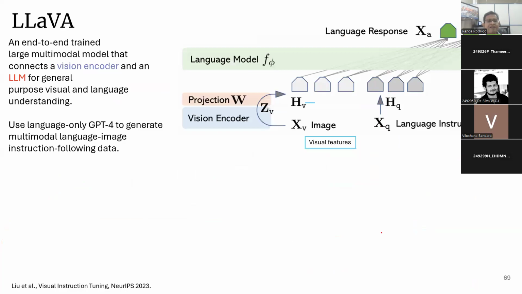Okay, now we look at one more thing called the LLaVA model. This is an end-to-end trained large multimodal model. Multimodal means image and text. It connects a vision encoder and an LLM for general purpose visual language understanding.